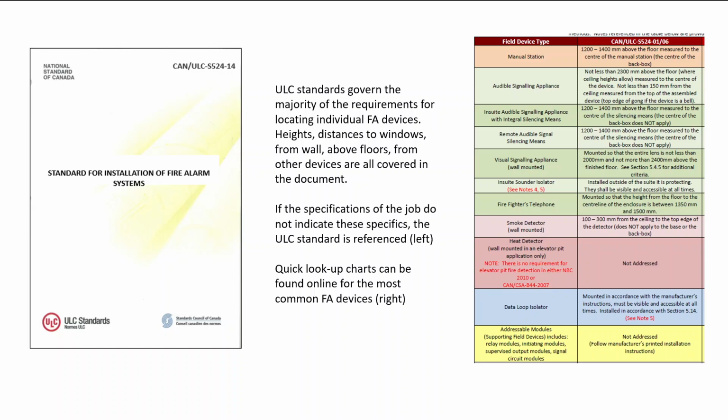If the specifications of the job do not indicate these specifics, the ULC standard is then referenced. Quick lookup charts can be found online for most common fire alarm devices. And so I've got an example or an excerpt from one of those charts, and this is also provided in the course, so you can find this document and take a look at what some of the distances are.